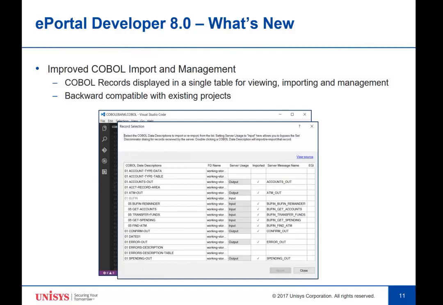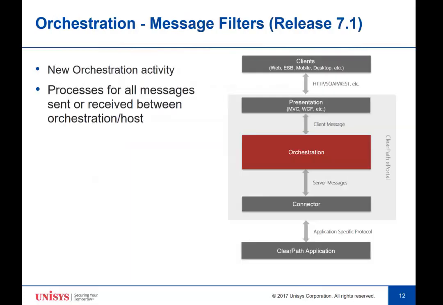Whether or not you've imported it before, or whether you want to re-import it. And in many cases, ePortal will normalize the name, and it will give you that normalized name there and show you what it will look like from this point going forward as you deal with it in your user interfaces and services and so forth. So a much, much easier way to manage COBOL projects.